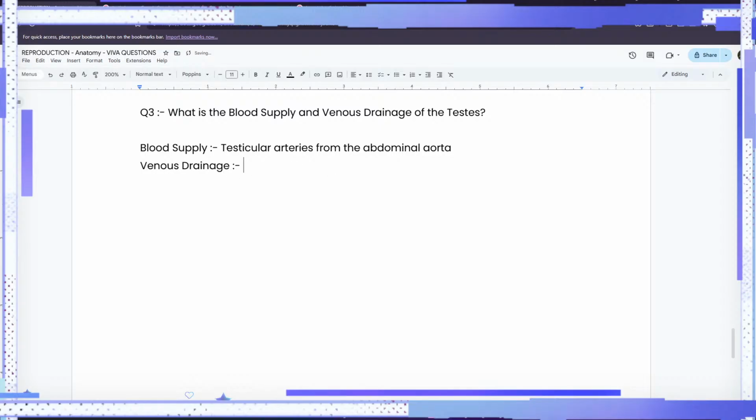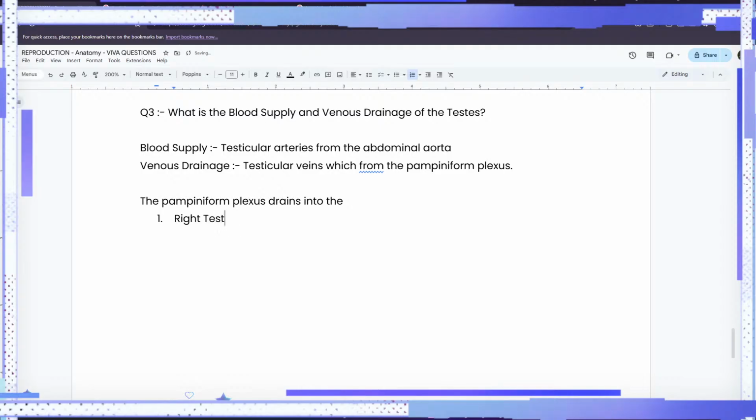So you have the testicular veins, which form the pampiniform plexus that drains into the right testicular vein, inferior vena cava, left testicular vein, left renal vein. Okay, awesome.